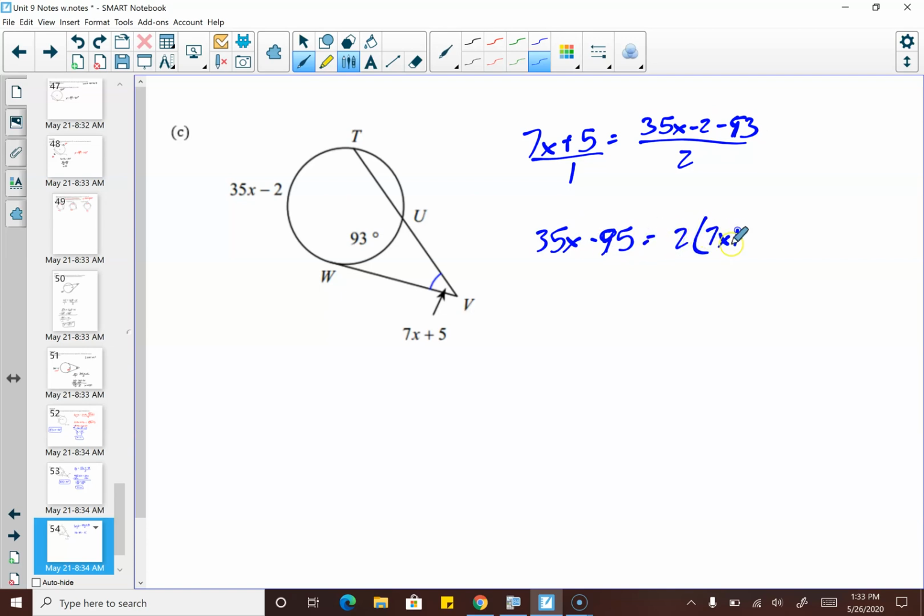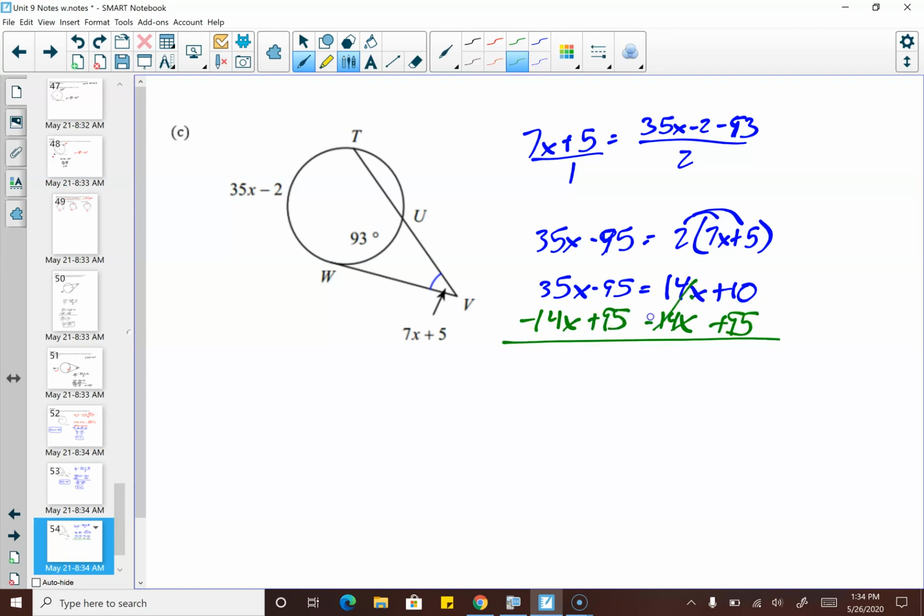So 2 times 7x plus 5. So I'll just bring down my 35x minus 95 equals 14x plus 10. So I will subtract 14x, and add 95 to both sides.